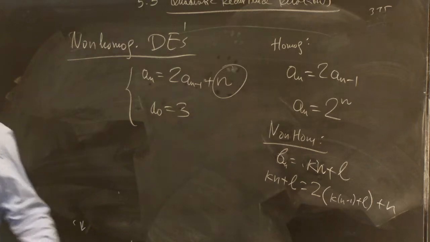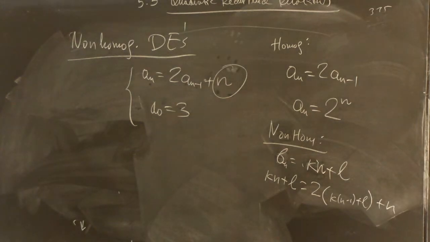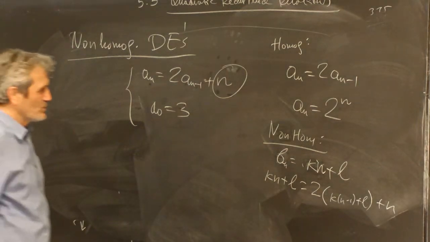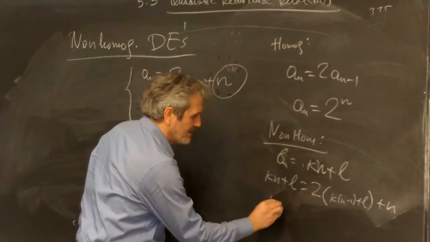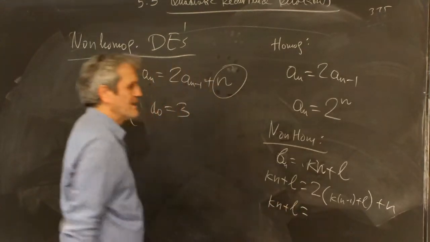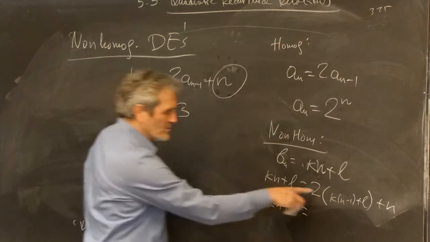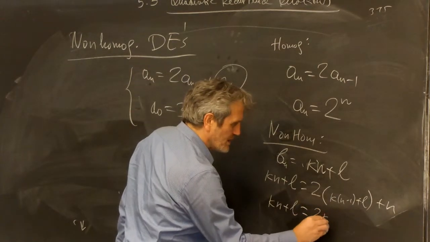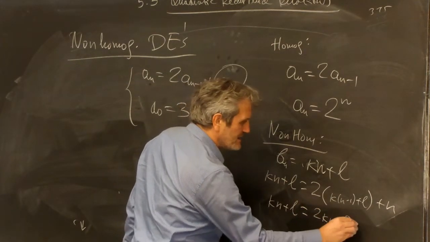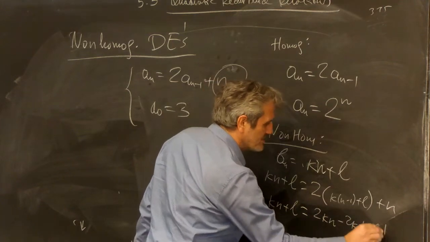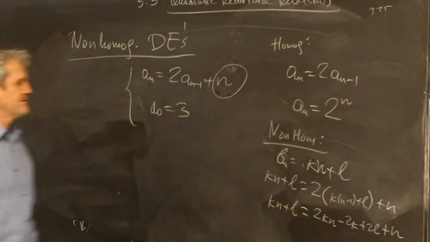I'll decide later on whatever might work. So what do I get? Kn plus L equals what? When you distribute, you get the following: 2Kn minus 2K plus 2L plus n.